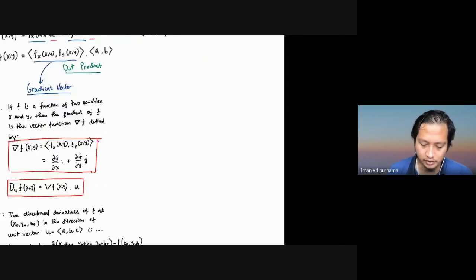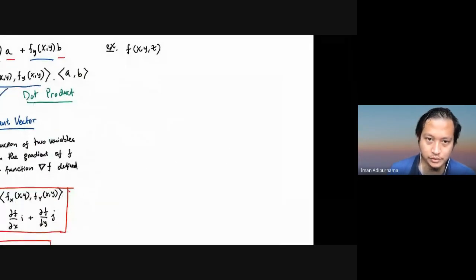So here, in the example, if you have these 3 variables, let's say f is x sine yz.